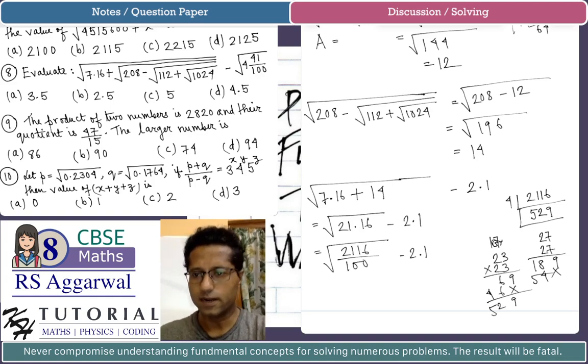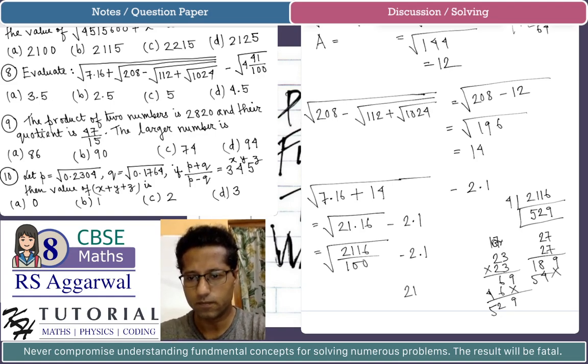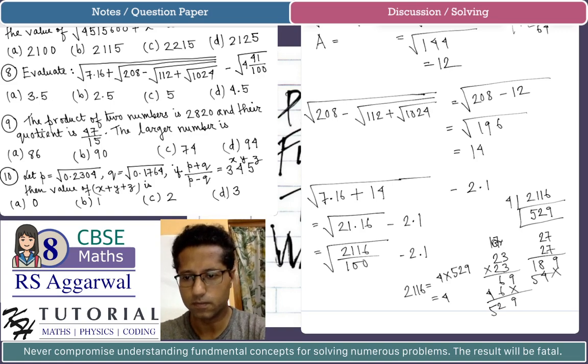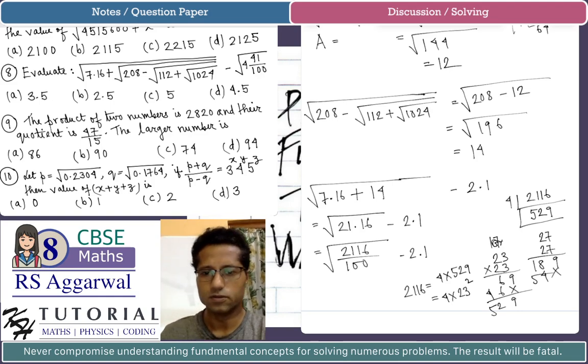So we can see that 2116 is equal to 4 multiplied by 529, which is equal to 4 multiplied by 23 square. We got this.